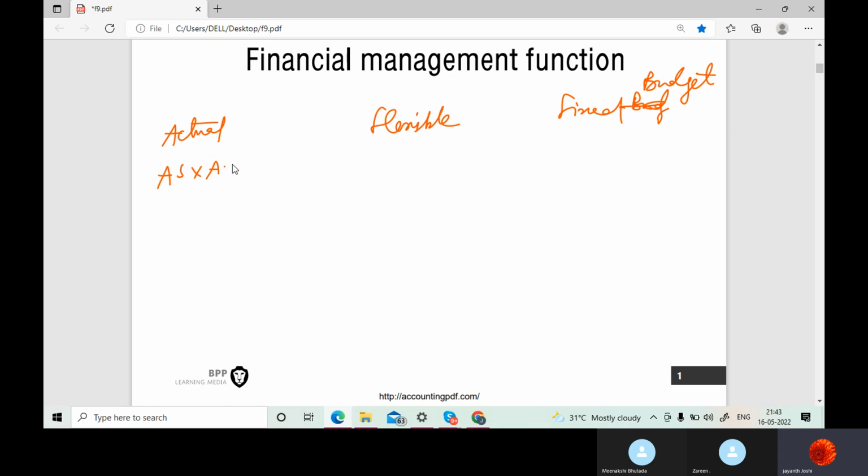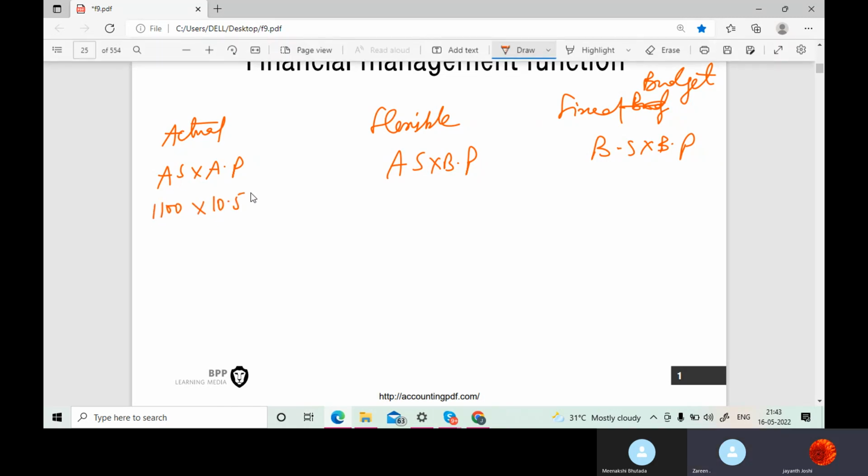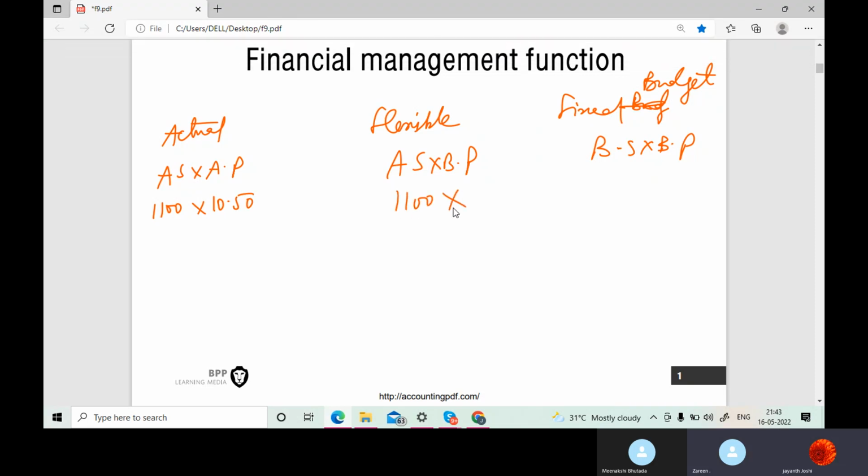Actual sales into actual price, actual sales into budgeted price, budgeted sales into budgeted price. So what is your actual sales as per the question? 1100. So 1100 into 10.50, minus 1100 into 10.